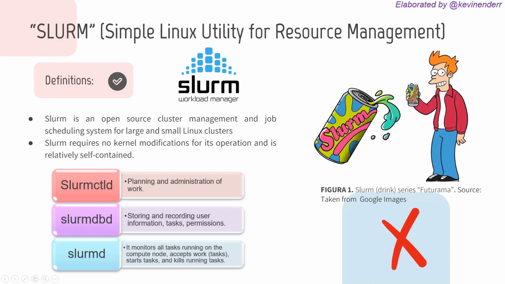Slurm is an open source cluster management and job scheduling system for large and small Linux clusters. The next, Slurm requires no kernel modification for its operation and is relatively self-contained.